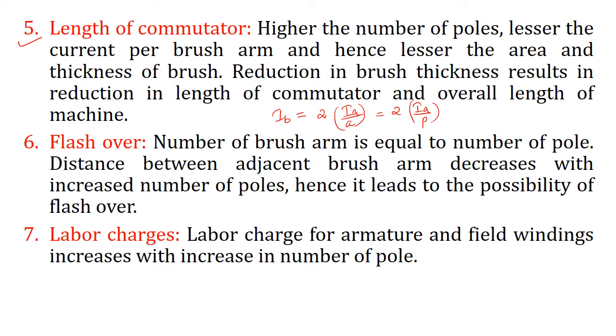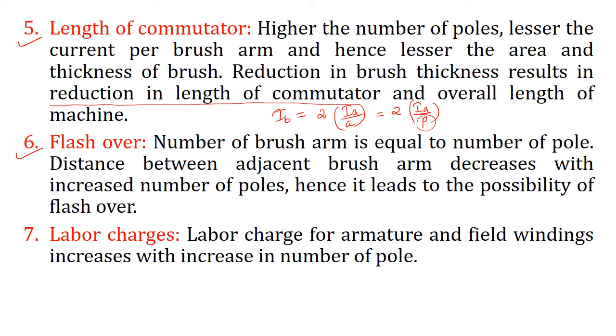So current per brush arm is equal to 2 into IA by P. If you increase the number of poles, then the current per brush arm becomes lesser, and we can assume that the thickness of brush will also reduce, which leads to reduction in the length of commutator and reduction in the overall length of the machine.